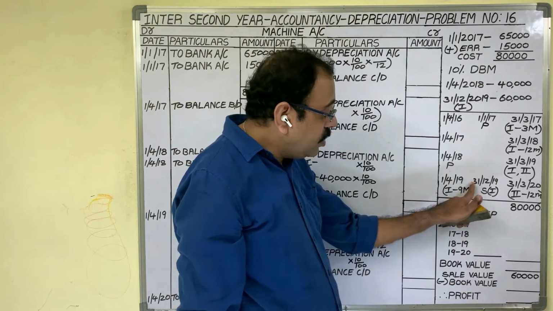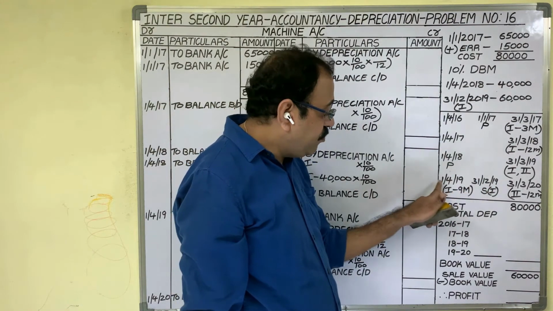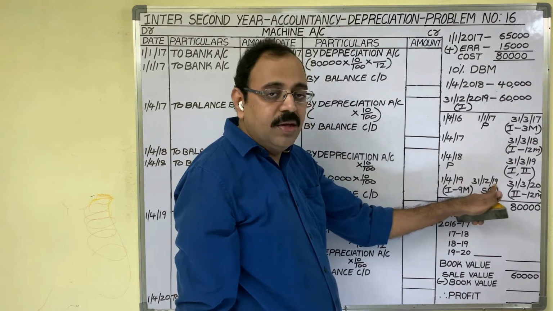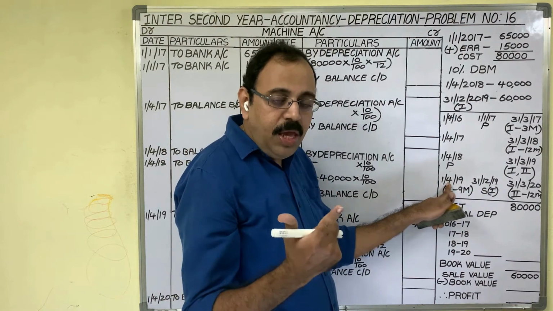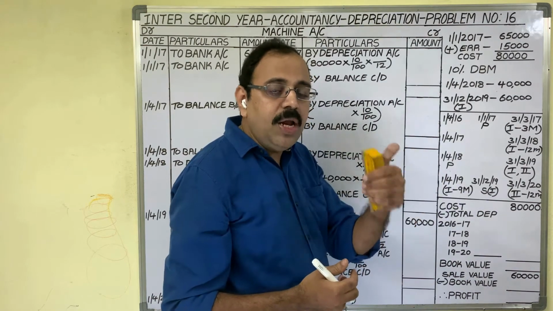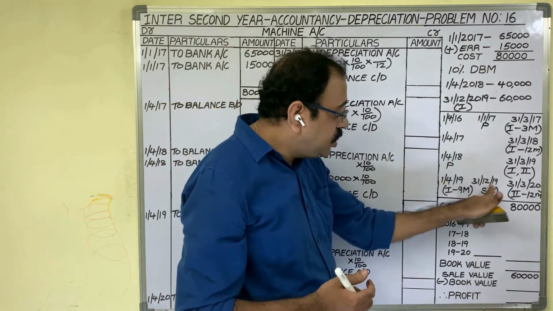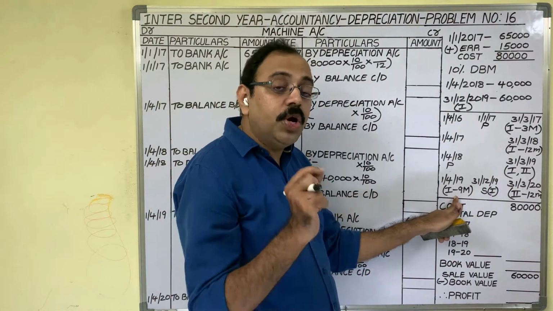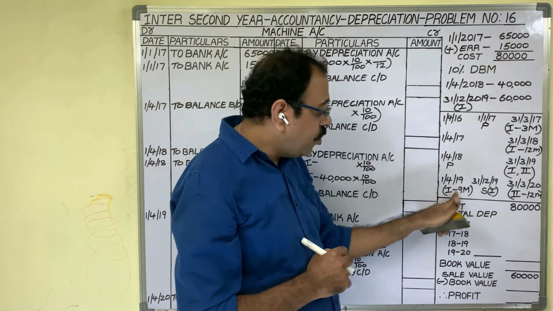They sold it on 31st December 19, no? It means from 1st April 19 to 31st December 19. April month they used April, May, June, July, August, September, October, November, December. So 9 months they use this first asset. For 9 months we have to provide depreciation on the first asset in the fourth year.